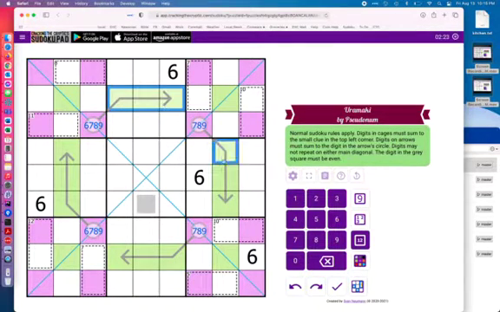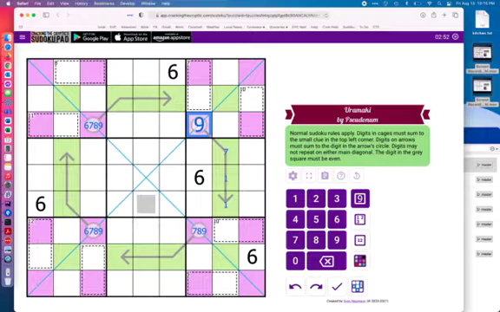Well, they can't occur on the arrows because all of these green arrows see a 6. So every one of them sees a 6, and you can never put a 7 or 8 or 9 on a 3-cell arrow, because if I put a 7 there, I'd have to put 1 and 1 to make this a 9, and that breaks Sudoku because you've got 2 1s in the same column.